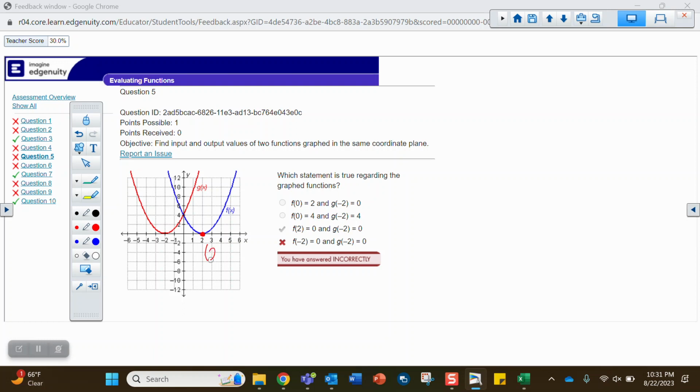That is true. That ordered pair is (2, 0). And then when g of -2 is equal to 0, that's also true. g of x is the red one, and that ordered pair is (-2, 0). So the one that's correct is saying when x is this number, y is that number.